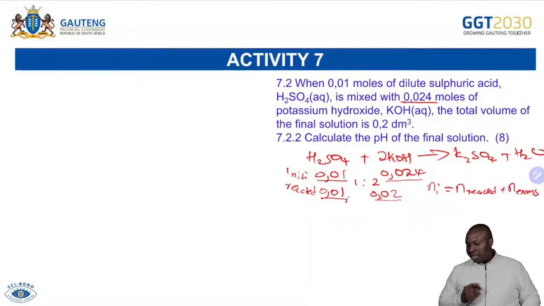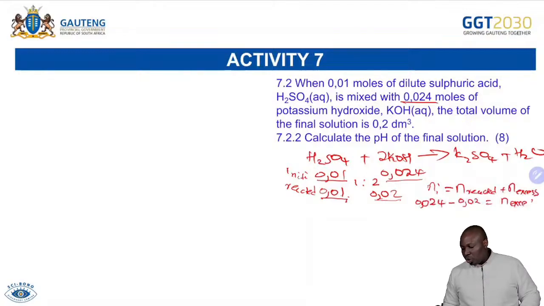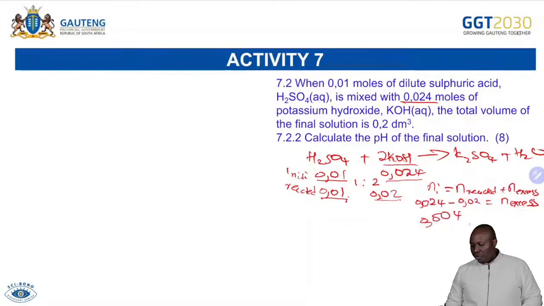Always have that formula, it helps you. So what we had initially was 0.024, but that which reacted is 0.02. So you can bring it this side to be minus 0.02. That gives you the number of moles in excess. So the pH is based on the number of moles in excess of potassium hydroxide, which now is your 0.004 there.